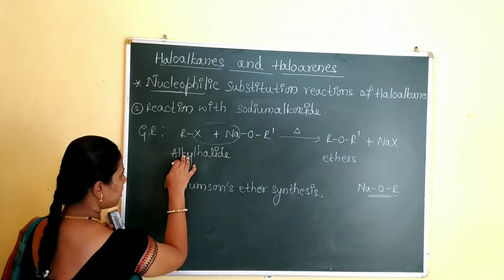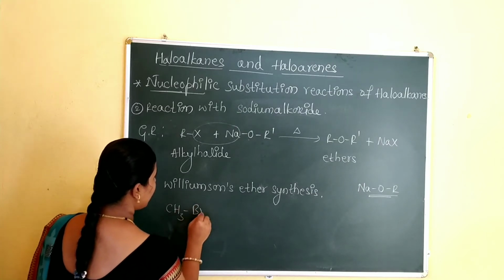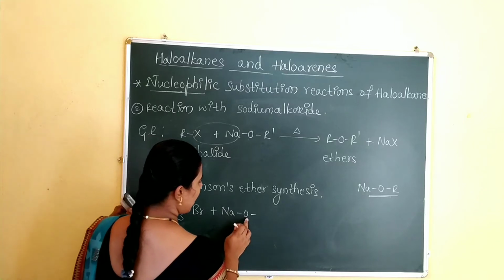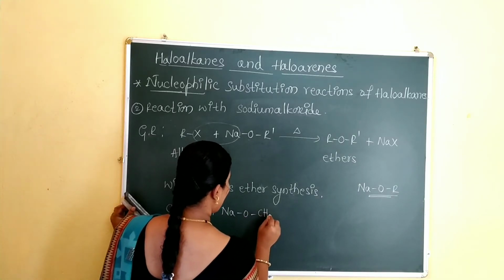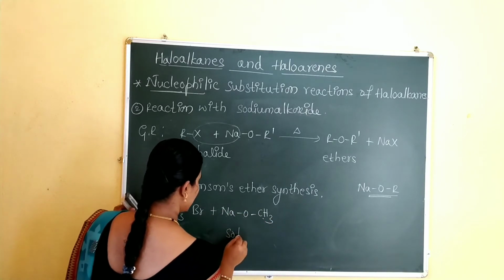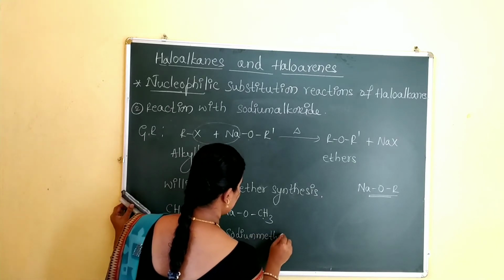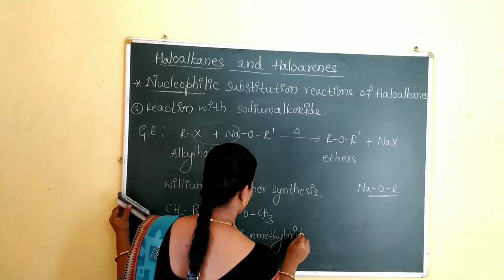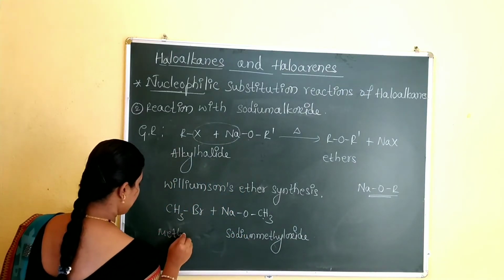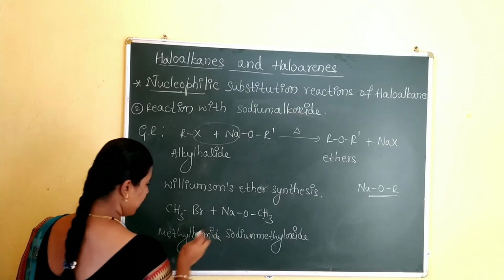This is the general reaction. I will write one particular example here. CH3Br plus sodium alkyl oxide, sodium methyl oxide. This is methyl bromide.